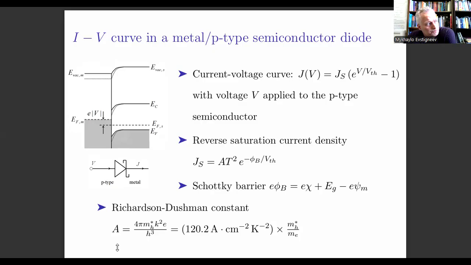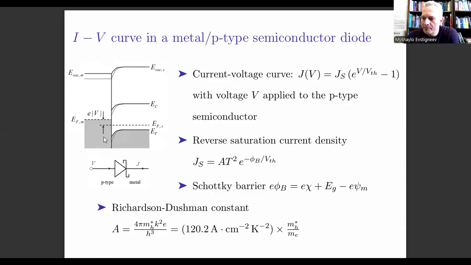We did not include the generation of charge carriers in the space charge region of the semiconductor and at the interface. And all these effects result in a large leakage current in the semiconductor metal Schottky diode. And it turns out that this leakage current is significantly higher if the semiconductor is of p-type than if it is of n-type.